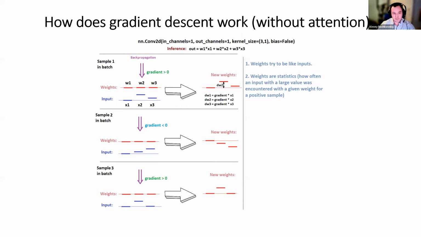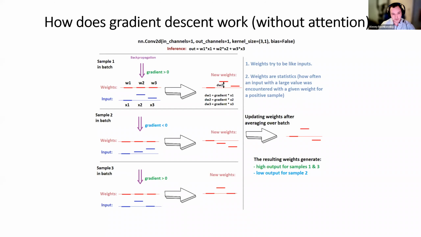And if we have some batch with batch size 3, with positive samples 1 and 3 and negative sample 2, then we do the same. And as we can see, weights try to be like the inputs with the same shape for positive samples and inverted for the negative sample.